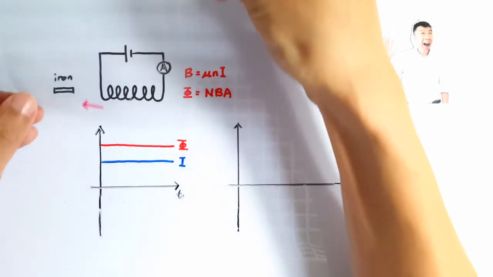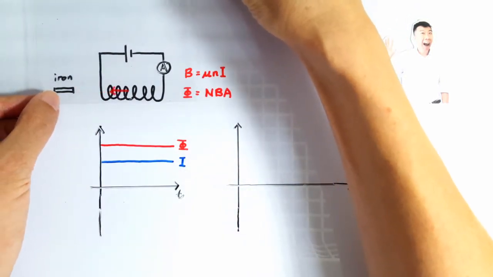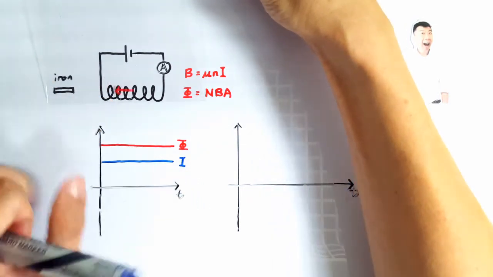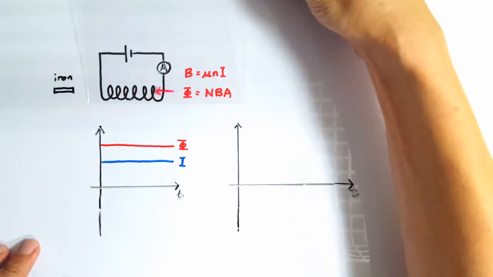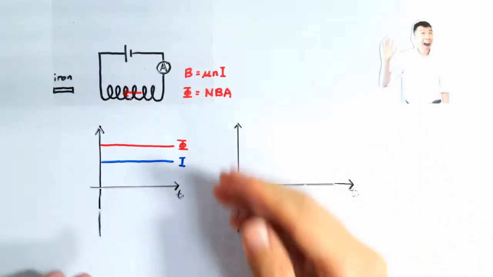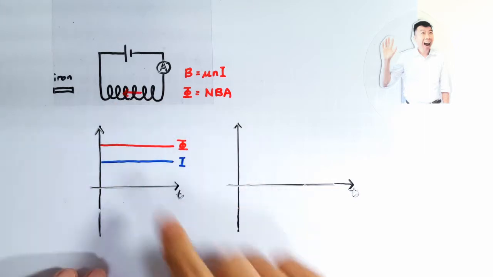So when the iron is moved through the coil, whenever the iron is inside, it gets magnetized and it produces its own magnetic field, which is in the same direction as the solenoid's magnetic field. And so whenever the iron is in the coil, it gives an extra boost to the original magnetic field that was created by the solenoid.